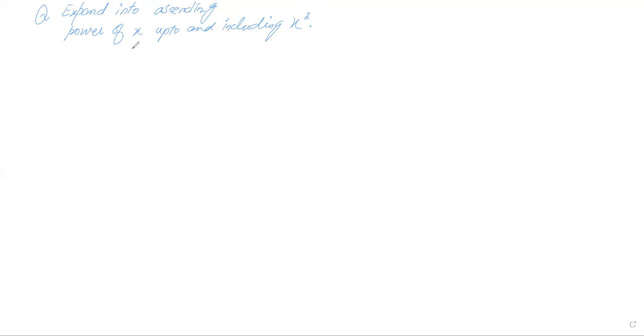Whenever you have the statement ascending power of x, this means you have to expand with the help of the binomial expansion, because the binomial expansion is arranged in ascending power of x. So my question is 1 plus 2x raised to power, or you can write this as square root or cube root.